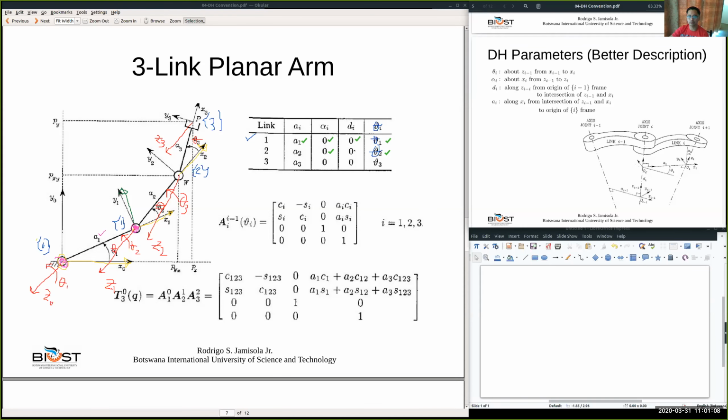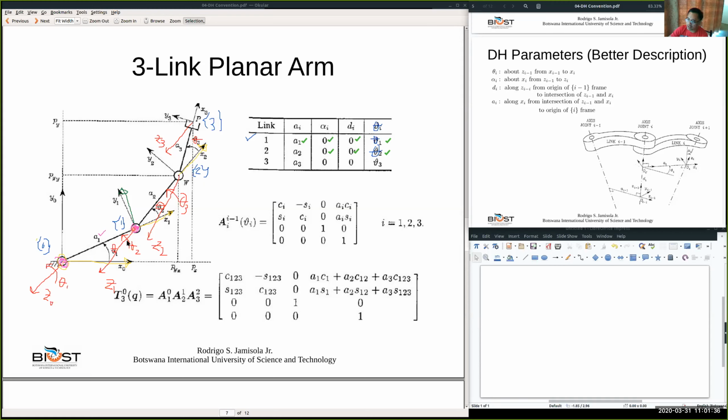Okay, again, finish that one already. D1 is 0. Lastly, your A2. So your A2 along X2. So this is your X2. Spotlight. So this is your X2. And then along X2, from intersection of Z1 and X2.